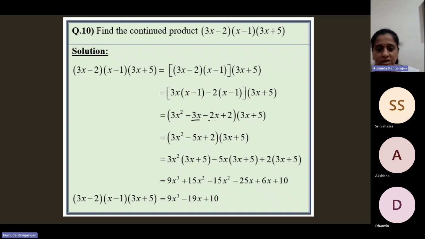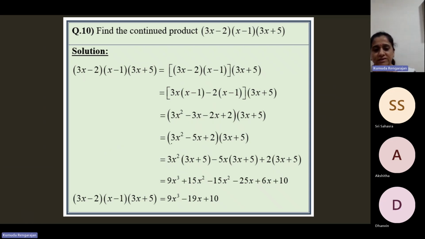Now you have like terms, minus 3x minus 2x. So minus 3x minus 2x is minus 5x. Correct? Because once you open the bracket, it's now addition and subtraction. So x will come as it is, minus 3 minus 2, minus 5, minus 5x.